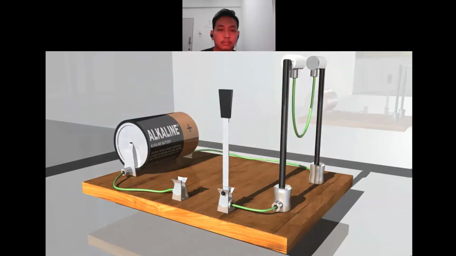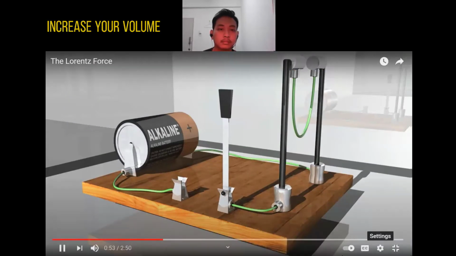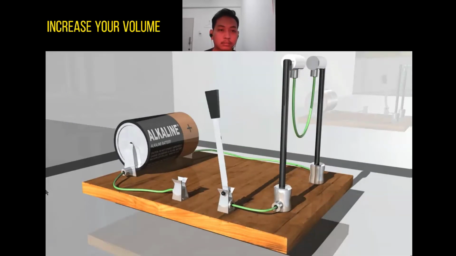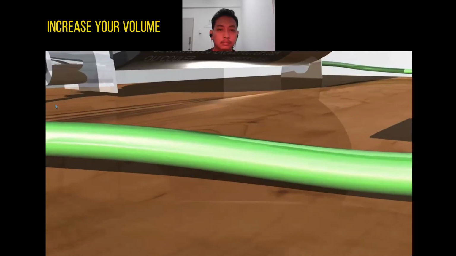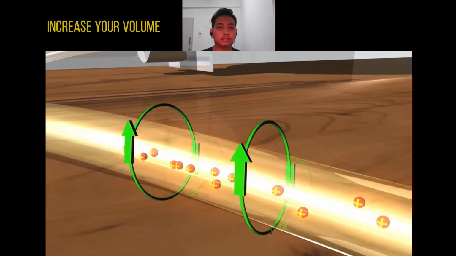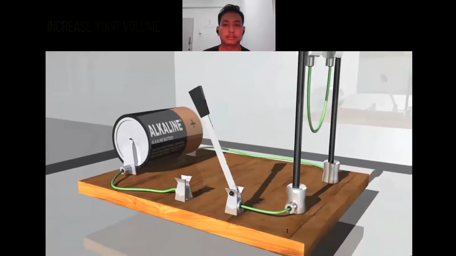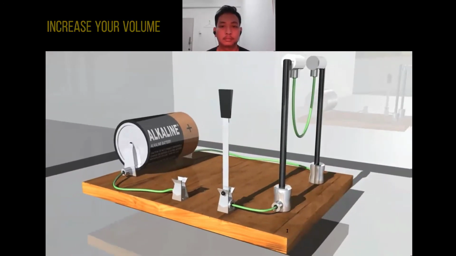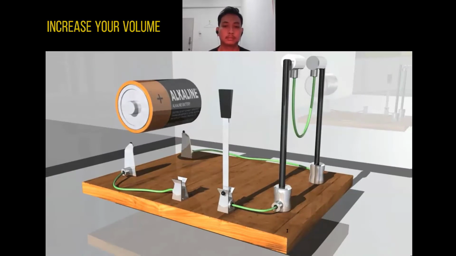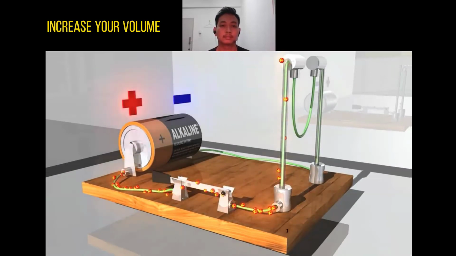If it's not moving, a charged particle doesn't create any magnetic field. But when it moves, it generates a little magnetic field around it, shown by these green arrows. Flip the direction of the current, and you flip the direction in which the magnetic field circles around it.